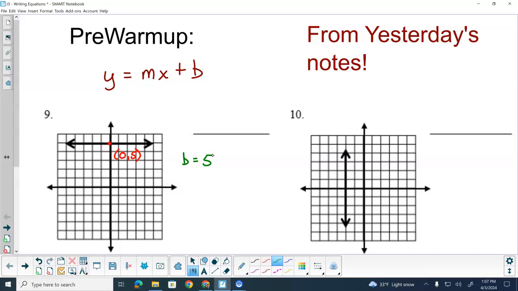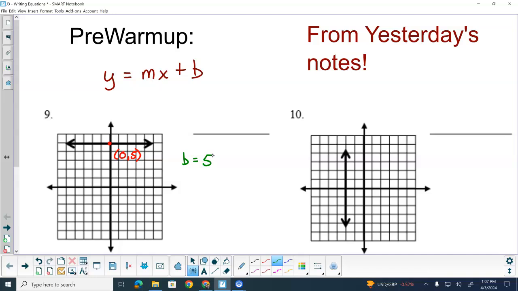So we only got this part, right? What other part do you need? I taught yesterday. Yesterday there were other parts. So what did we do next? Yesterday. Okay. So what did we describe slope as? Rise over run. Fantastic.